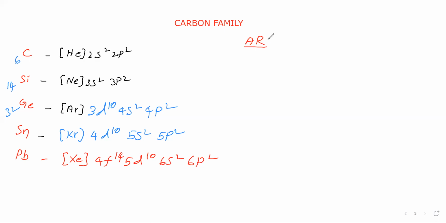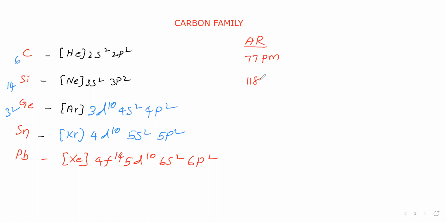Now, we will say the atomic radius of these elements. Carbon covalent radius is 77 picometer. For silicon, covalent radius is 118 picometer.